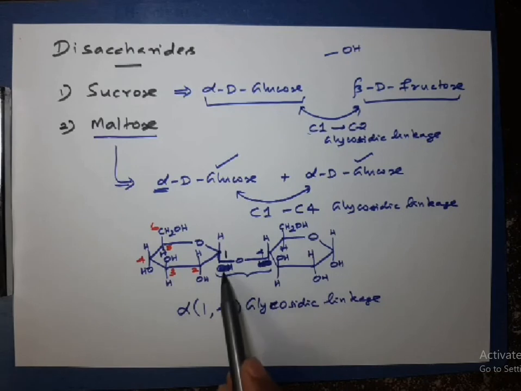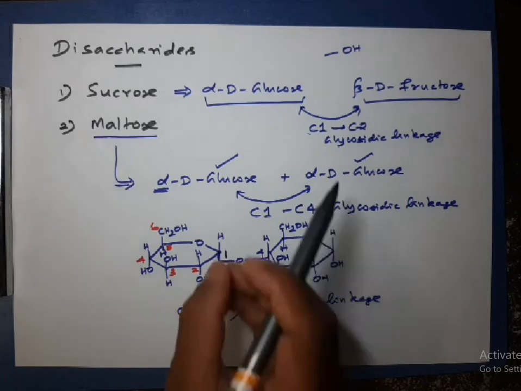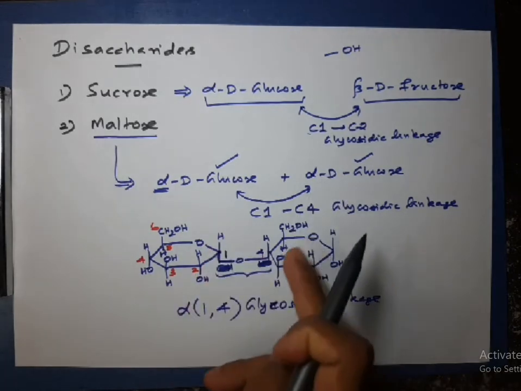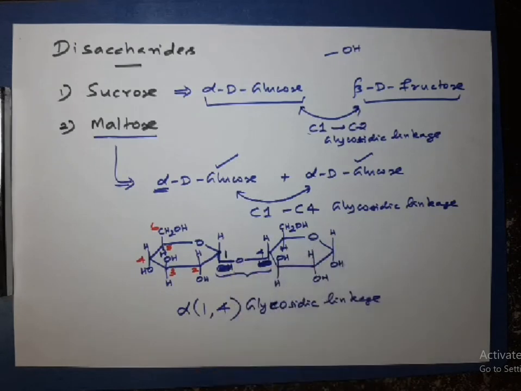I just removed these two OH groups. I have eliminated a water molecule and connected the two carbons through an oxygen atom. So this is basically an ether linkage, as I have told you already, and this ether linkage exists between two monosaccharides. If an ether linkage exists between two monosaccharides, we call that linkage a glycosidic linkage.